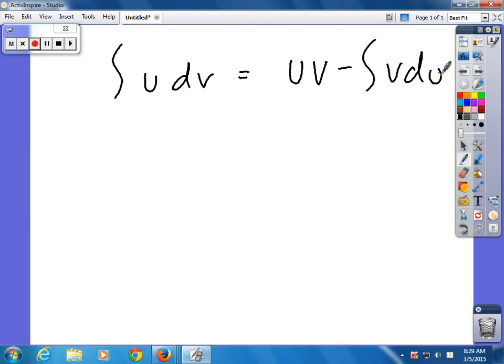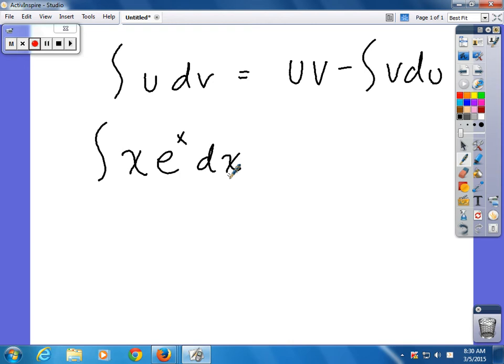Give you an example. Antiderivative of x e to the x dx. Okay? Now with derivatives, you would do first times derivative second plus second times derivative first. But you can't do that with integration. You have to do integration by parts.